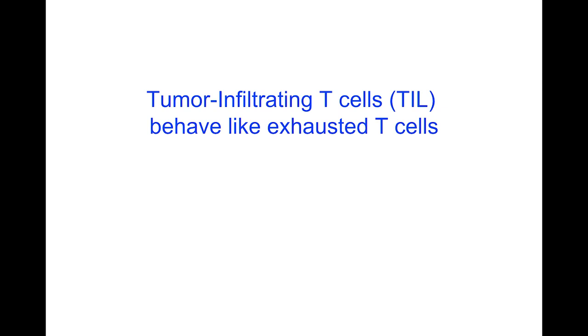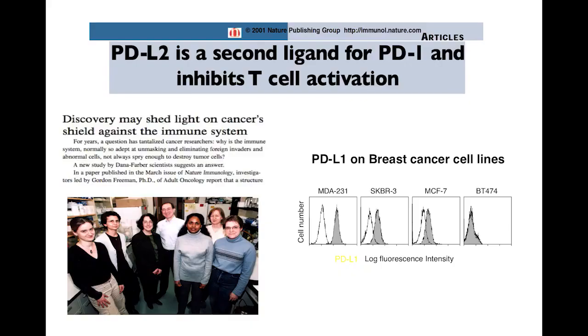But what's special about the tumors is that they themselves can also express the ligands for PD-1. When we first reported PD-L2 as a second binding partner for PD-1, we also showed that PD-L1 could be expressed on certain cancer cell lines.